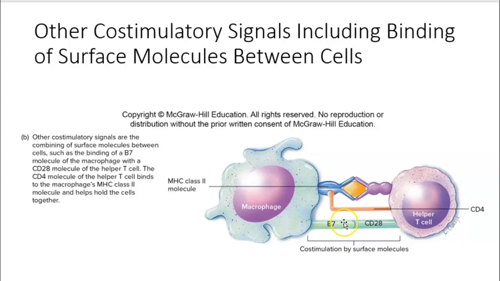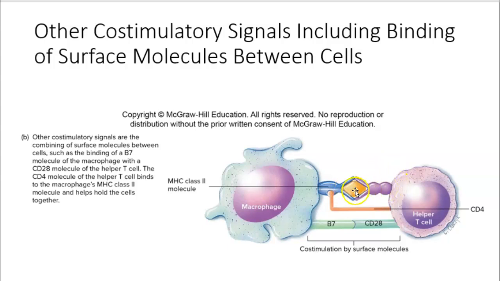Additionally, you'll see proteins can extend out of the macrophage and the helper T cell, this CD28. The protein can come out and bind to this B7, and that is further stimulation, checking that yes, this is a foreign antigen. So there's lots of signaling that occurs here.